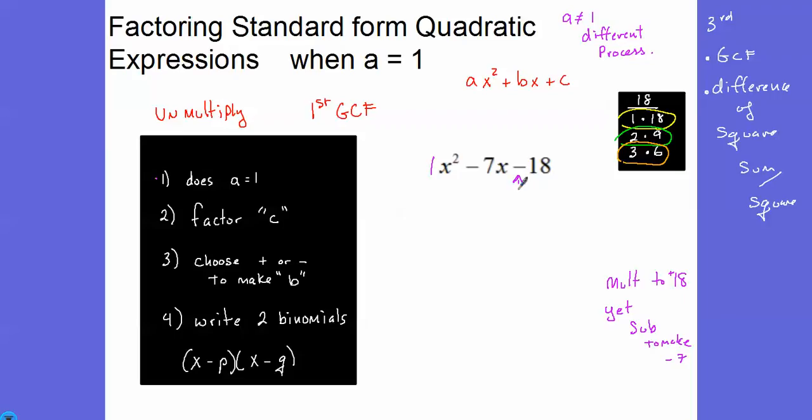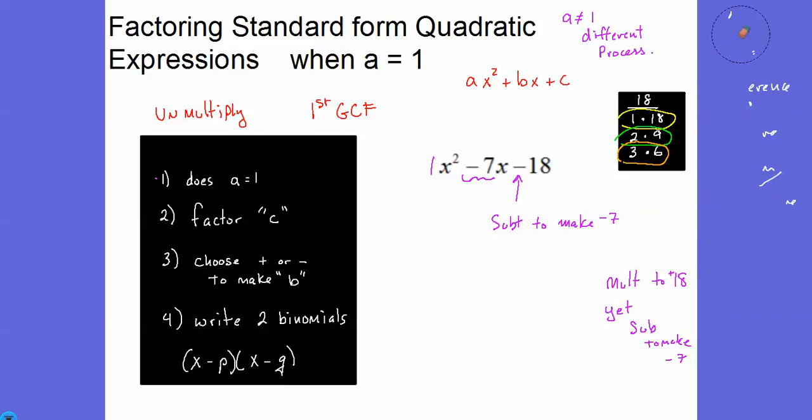This symbol right there, the last symbol in the trinomial, tells me to subtract. That's how I know what I'm doing. To make, what is my B value? My B value in this case is going to be negative 7. So I need to find numbers that will multiply to give me positive 18, and yet when I subtract them, will create negative 7. All right.